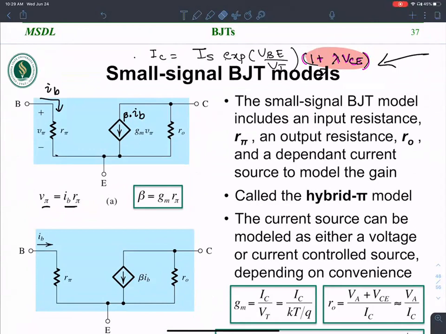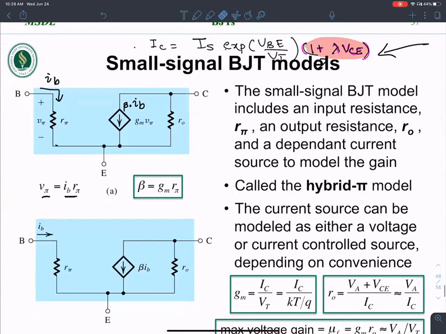By the same relationship, I could have expressed this as a current source dependent on this voltage, or as a current source dependent on the current. So I'm expressing the BJT as a voltage controlled current source, and in this case it's a current controlled current source, therefore I use a current gain factor beta. This is called a hybrid pi model.